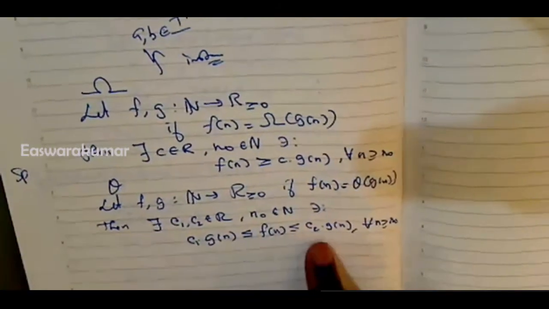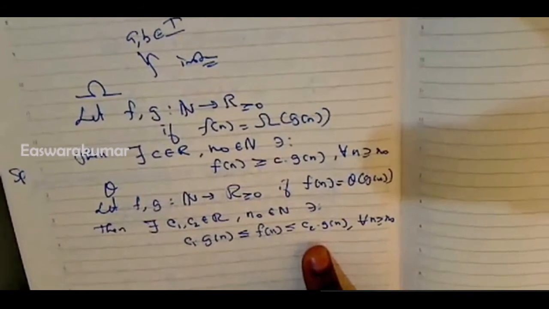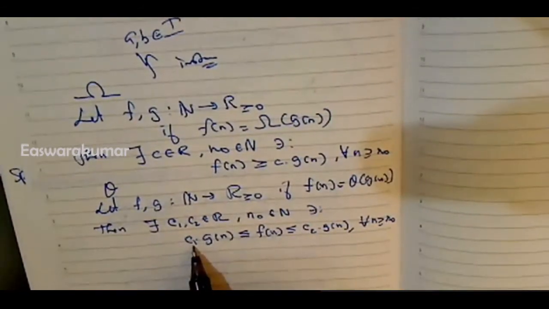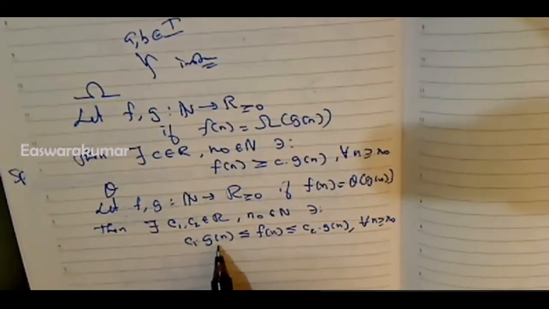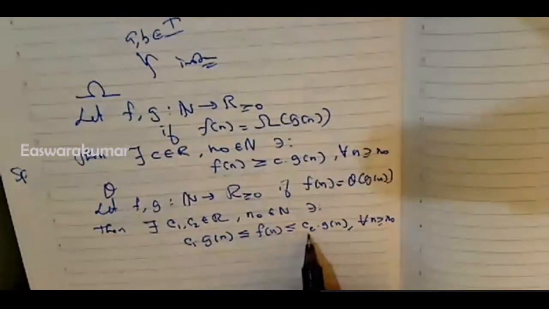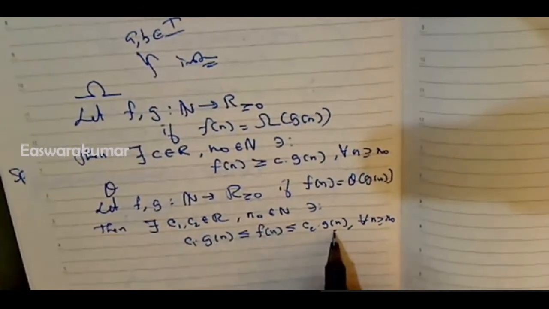So what does this inequality convey? You see, with respect to one constant multiple, the g of n becomes the lower bound. And with respect to another constant multiple, this g of n is the upper bound. So a particular function is both the lower bound and upper bound.